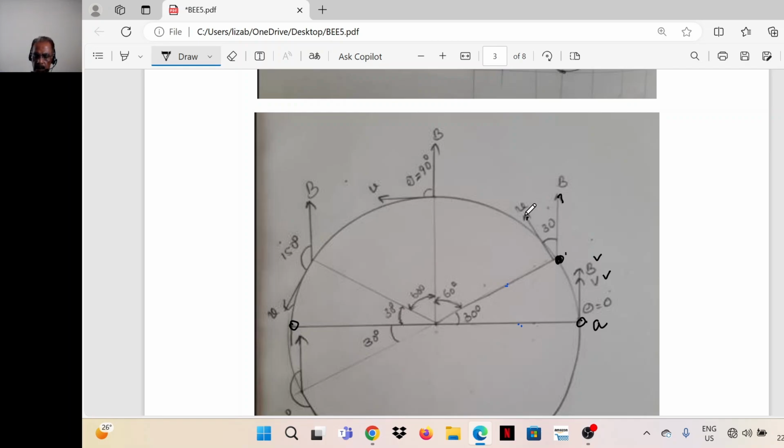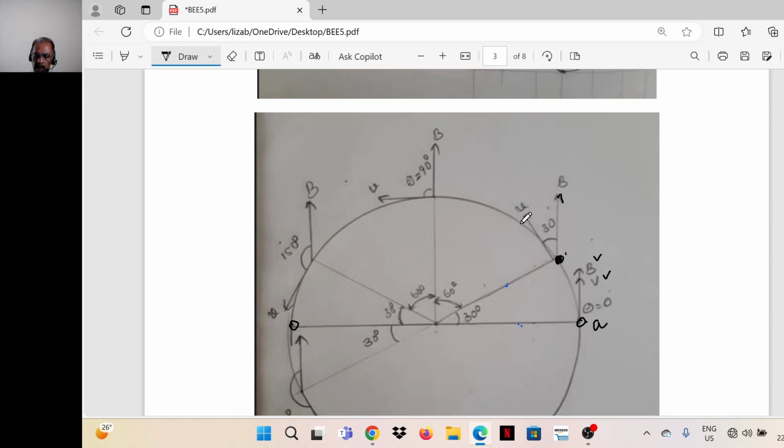So the angle between B and V will be 30 degrees now, because B is perpendicular to the positive x direction. This is the reference direction, from where we started. The flux density vector is perpendicular to the positive x-axis, and the linear velocity vector is perpendicular to the radius vector r.